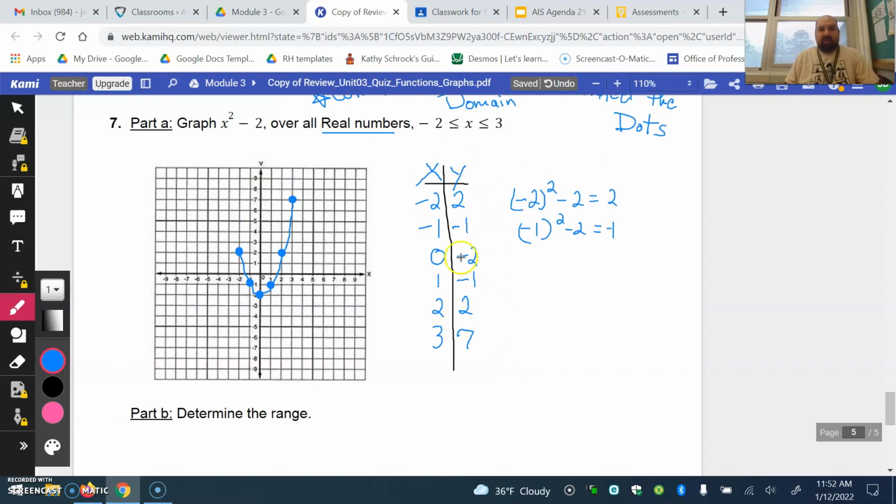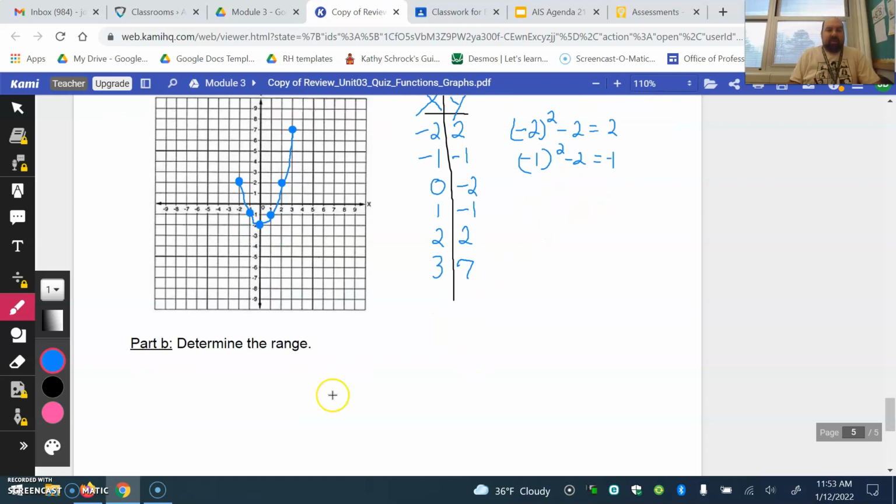All right, so there is a part B: determine the range. Well, we've got the numbers right here, from -2 to 7, and we are including them. If this is the domain, we can make the range look like this. I find my smallest value, which is -2, and go up to my biggest value, which is 7, with y in the middle.